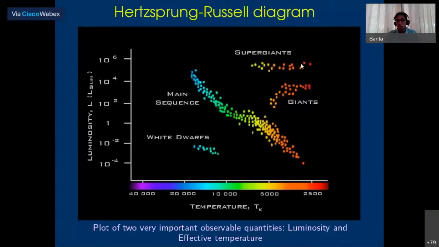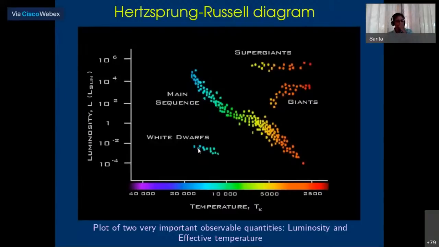There are some stars which are lying here towards the reds. They are the giants. And then you have some dwarf stars because they have much smaller radius. So you see, this is starting to give us very interesting information: you have stars lying in this band, then you have some giants, you have dwarfs.